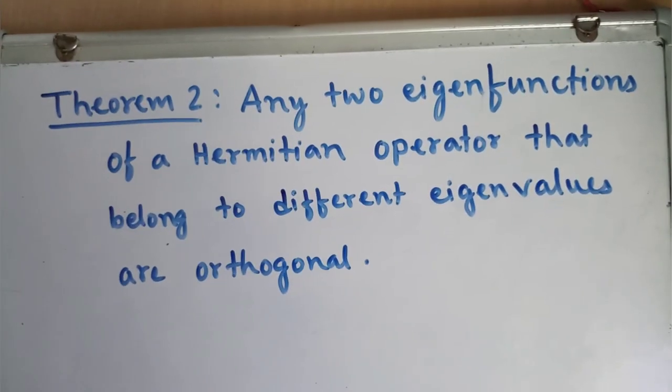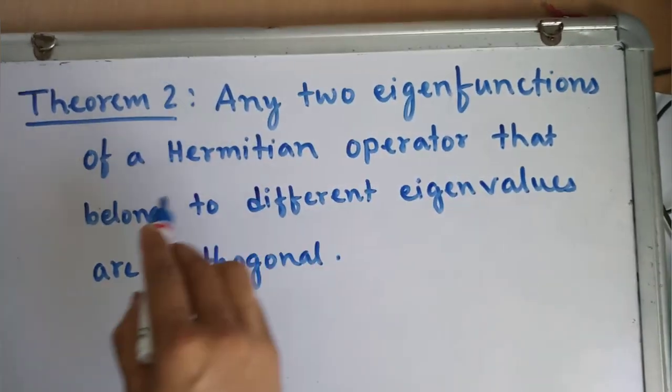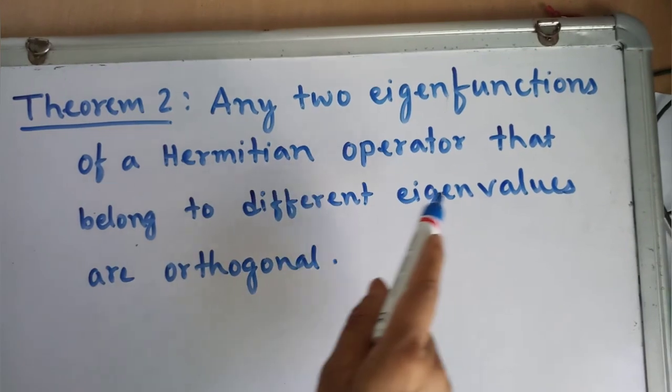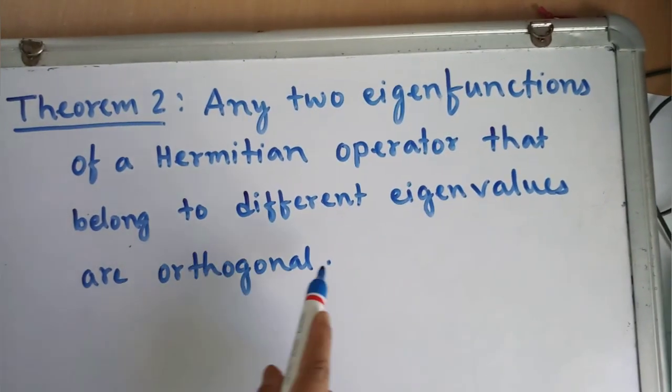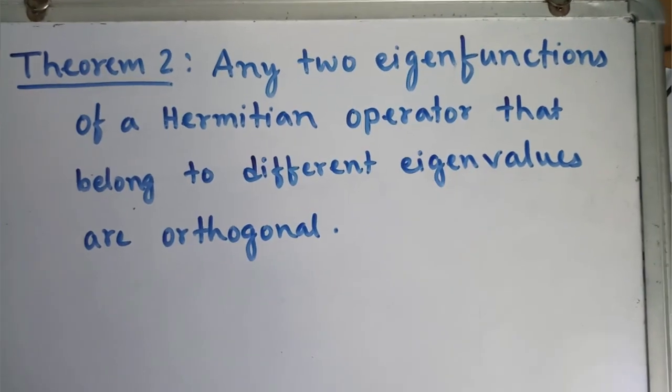Now what is your second theorem? Any two eigenfunctions of a Hermitian operator that belong to different eigenvalues are orthogonal. Now let us prove this theorem also.